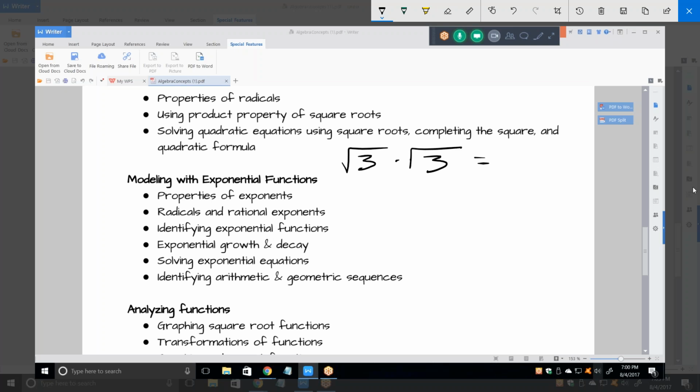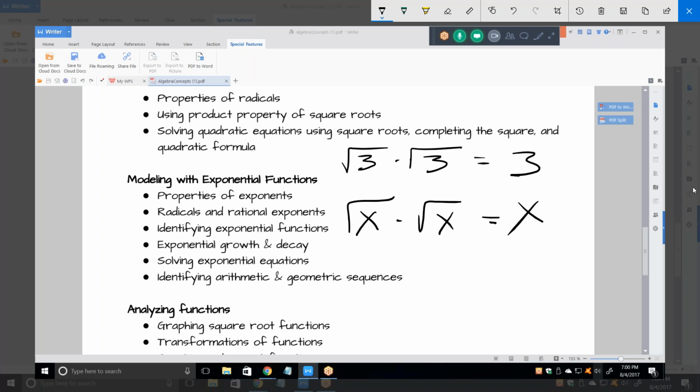Okay, which is what number? 3. Ah, there's the key. In other words, the square root of x times the square root of x equals x, no matter what x is. That's pretty much what they mean when they say the product property of square roots.